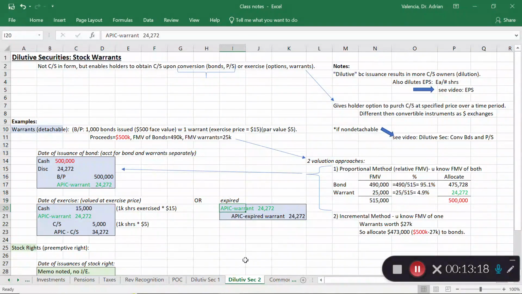So if they expire, then you just reverse out the credit here for the warrant, and then you put it into an account called expired warrant. The reason you do that, and this seems like a real weird reversal because you're removing an equity account to now put in another equity account, is because at some time when you sold that, those warrants had a value and that cash came in.